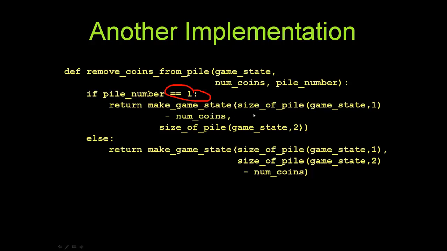If it's 1, you change the game state: you take game state 1 minus the number of coins, and it goes into the first pile. Similarly, if it's the second pile, it goes into the second pile. So it's quite simple. This is exactly the same as the rational number example we saw before.